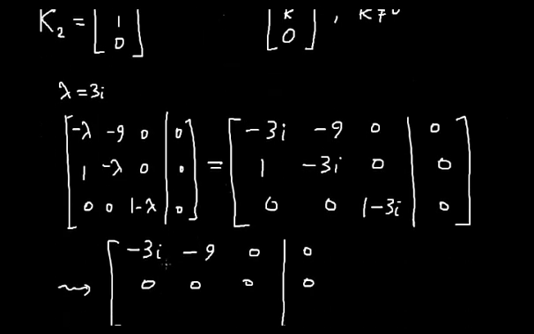Alright, then in here we'll have this situation, and that's going to give us a 0 in the third entry because of this thing here. So this is something times k3 equals 0, and that something is a non-zero number, so k3 must be 0.